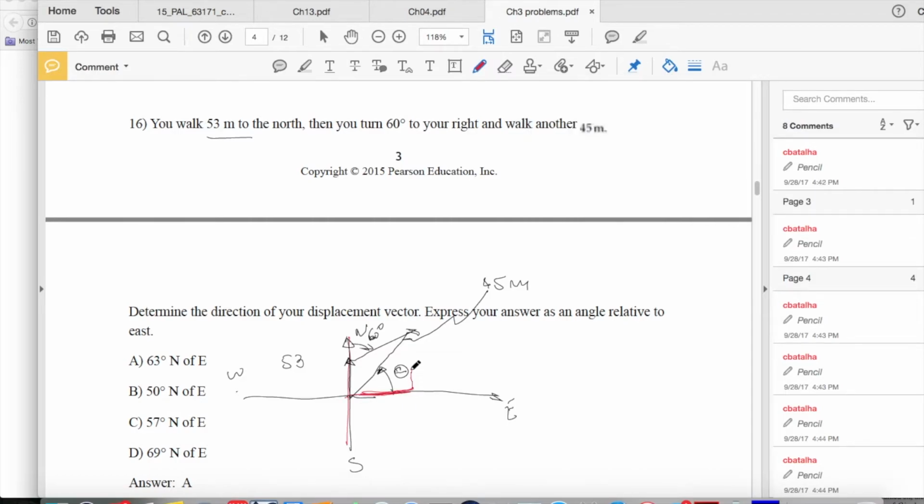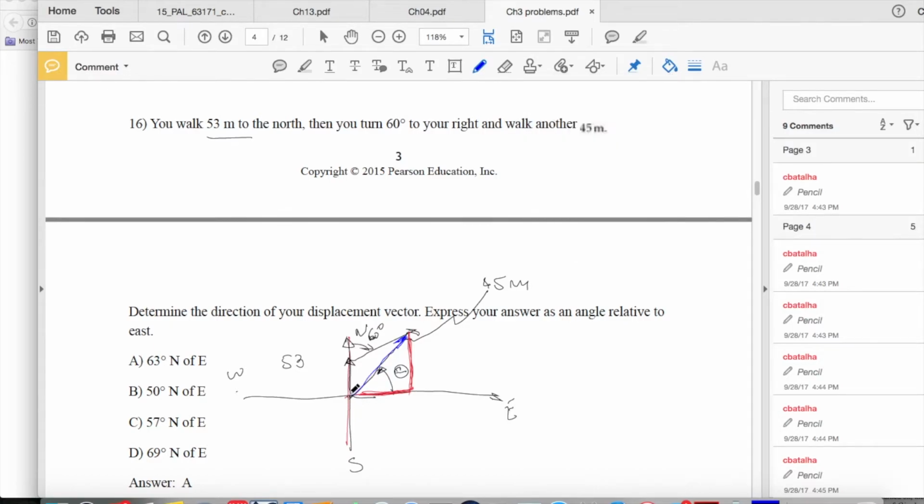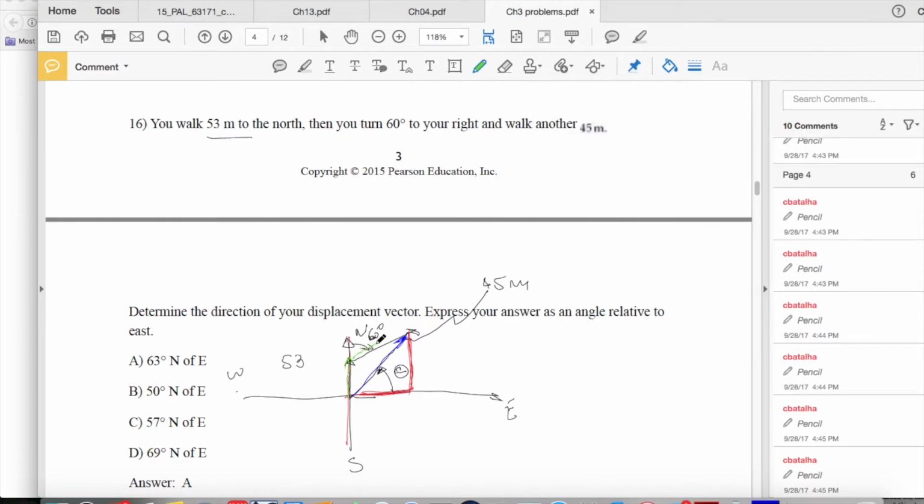And what is the rise? Here's the rise. And our displacement vector in blue is right there, which is given by summing up the green vectors. This one, the first displacement, and the second displacement, okay?